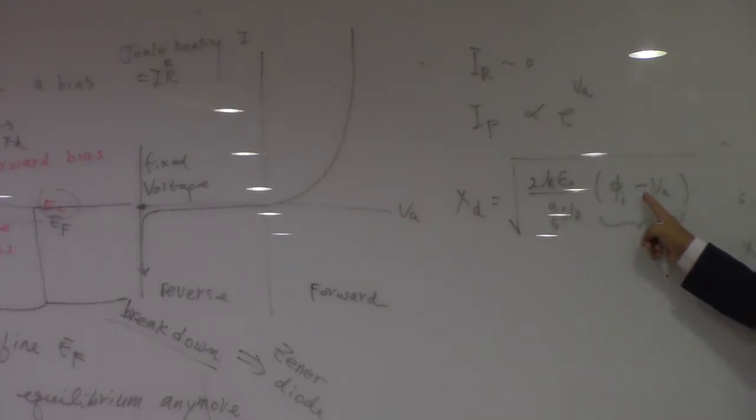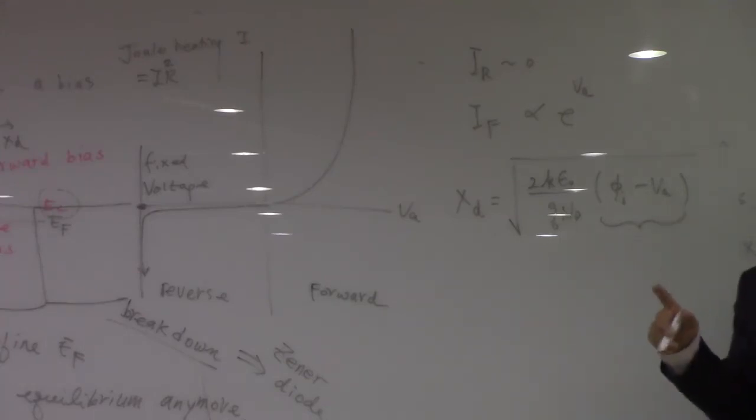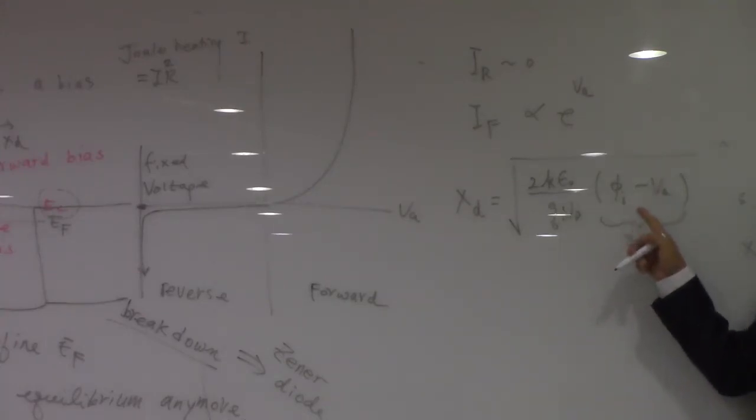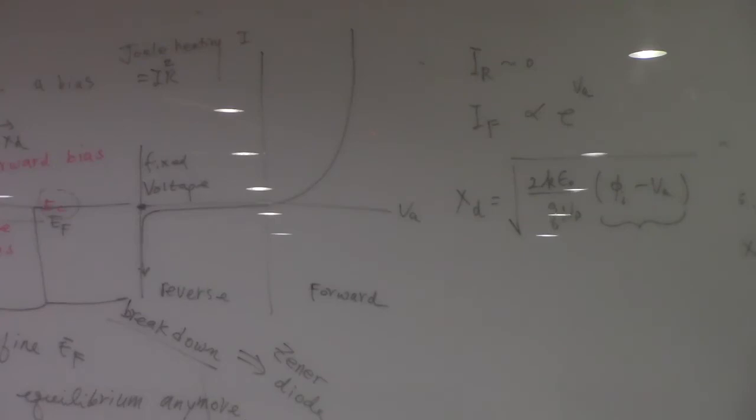And here the sign of this applied voltage depends on forward bias or reverse bias. Obviously, if you apply the forward bias, it should be minus like this. And if you apply the reverse bias, then XD should be extended with the reverse bias.